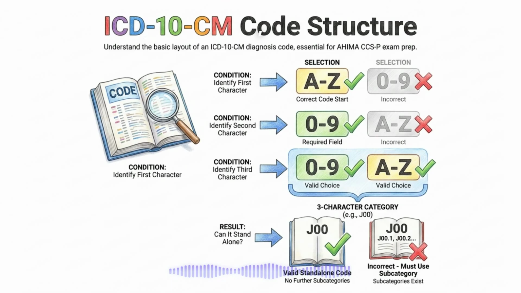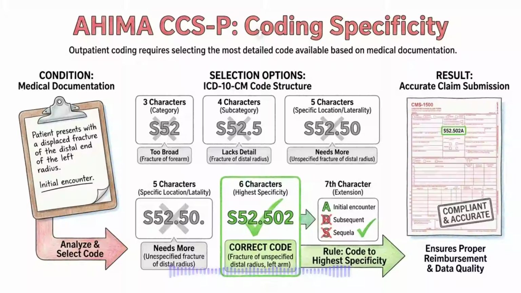A three-character code can stand alone as a valid code only if there are no further subcategories underneath it in the tabular list. If a disease category needs more detail, a decimal point is placed after the third character, and additional characters are added to provide specificity.